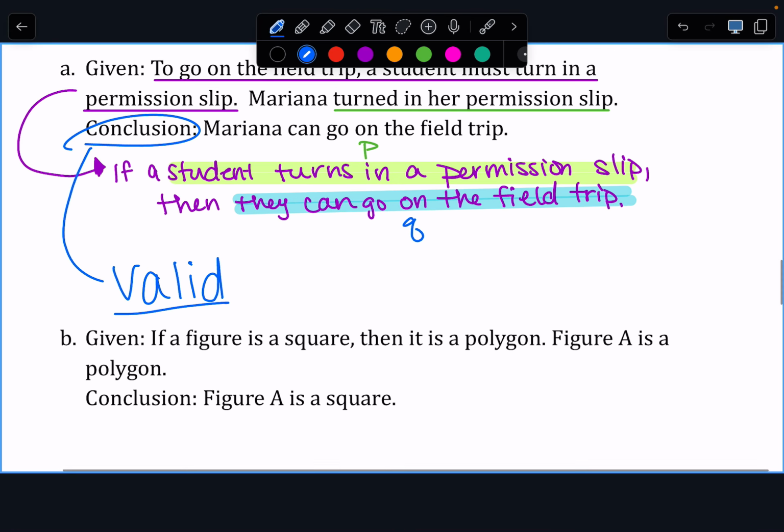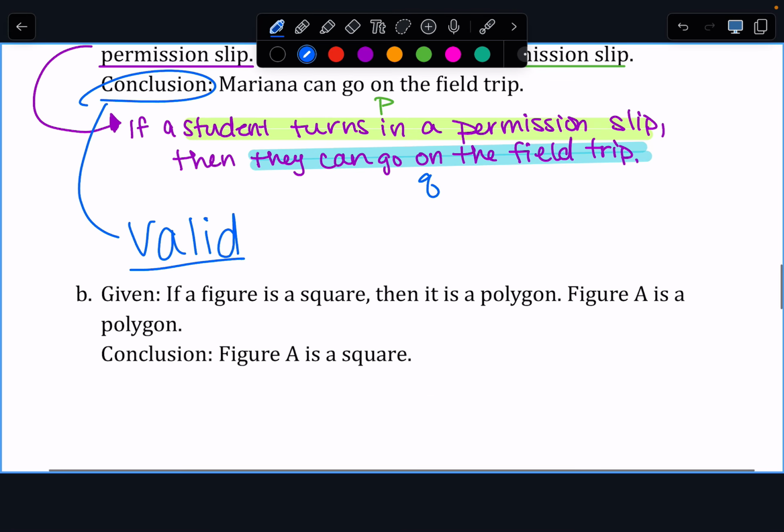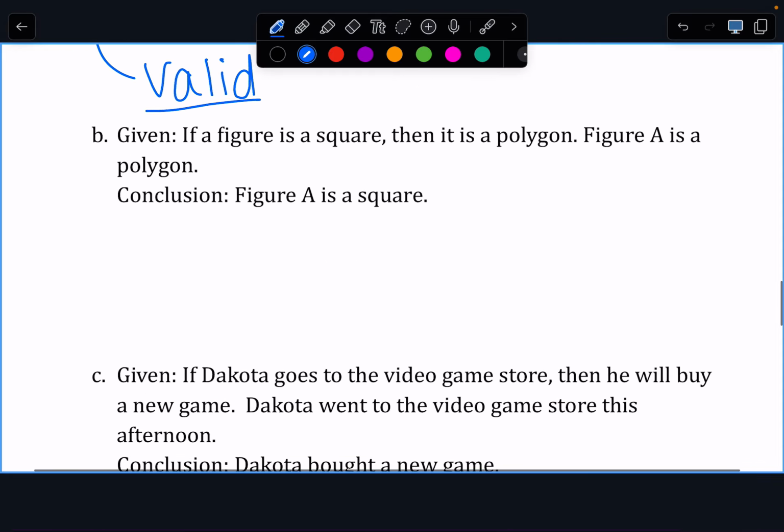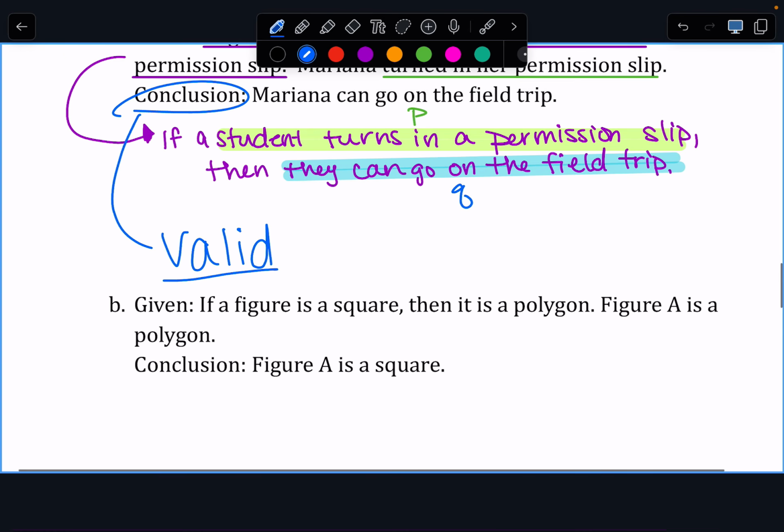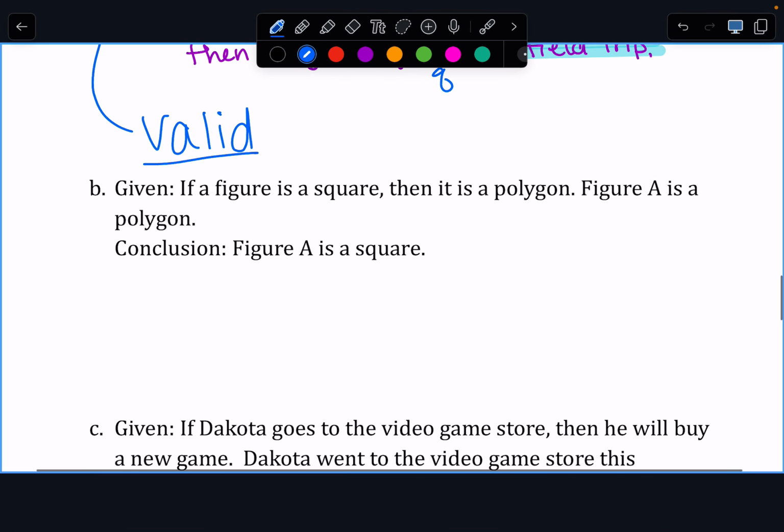Okay. Only sort of. So let's look at this one. How nice of me, I put it in an if-then statement already. If a figure is a square, then it is a polygon.